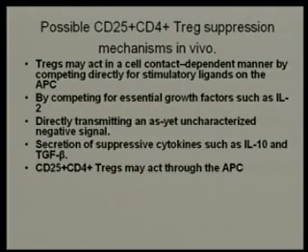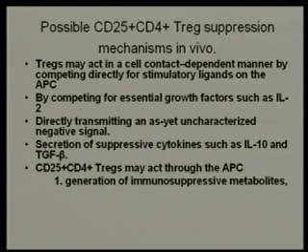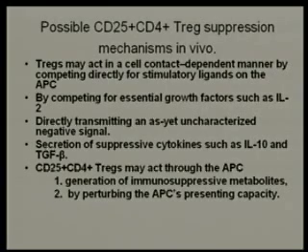There are two potential hypotheses here. They may act by generation of immunosuppressive metabolites, so maybe T regulatory cells produce something that interacts with APCs and prevents them from effectively presenting the antigen. Similarly, they may produce factors that affect the ability of the APC to present antigen efficiently.